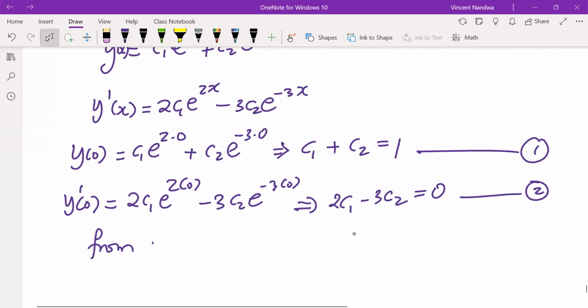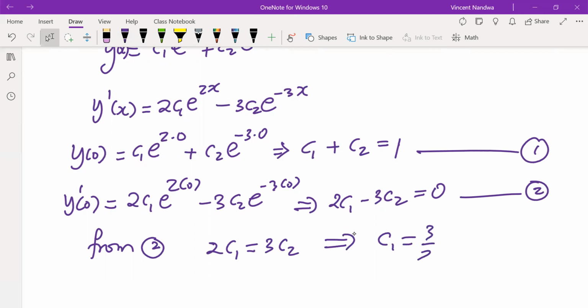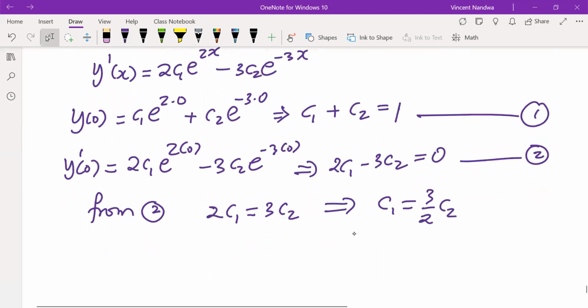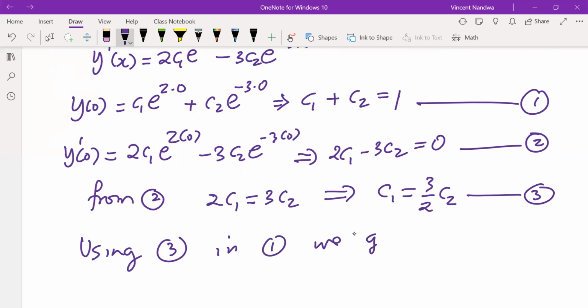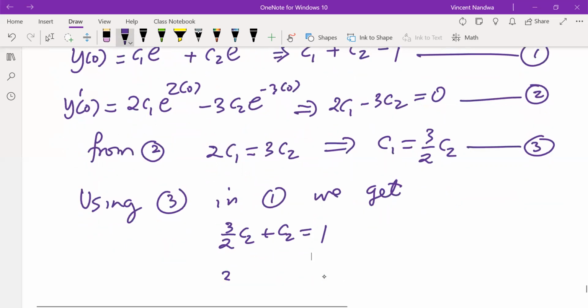So from this, 2c1 equals 3c2, which means c1 is 3 over 2 c2. Call this equation 3. So using 3 in 1, we get 3 over 2 c2 plus c2 equals 1, which means multiplying through by 2 will be 3c2 plus 2c2 equals 2.